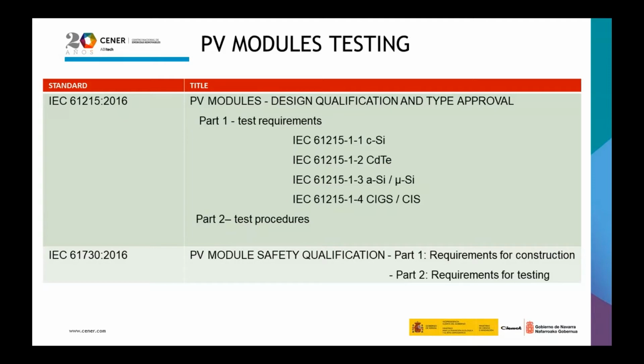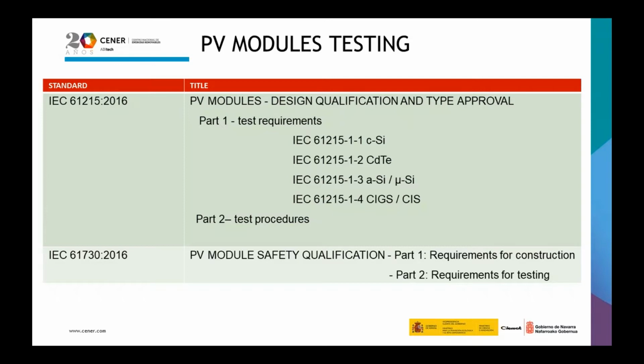Here we can see the structure of the safety and performance standard. The 61215 has two parts. The first one describes the general requirements for all technologies, and then these parts describe the specific requirements depending on cell technology.